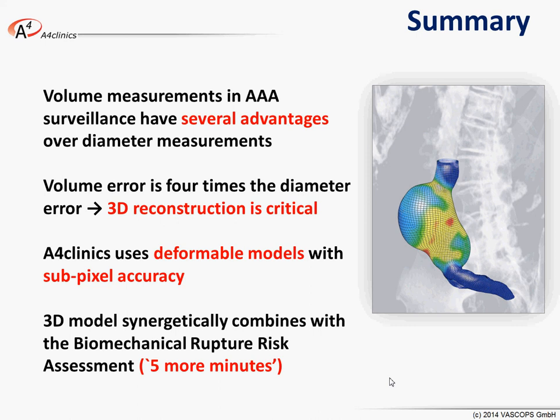And A4 Clinics uses deformable models that are known to have sub-pixel accuracy. And then these 3-dimensional reconstructed models synergistically combine with the biomechanical risk assessment, meaning 5 more minutes spent will also provide you with a detailed biomechanical risk analysis.